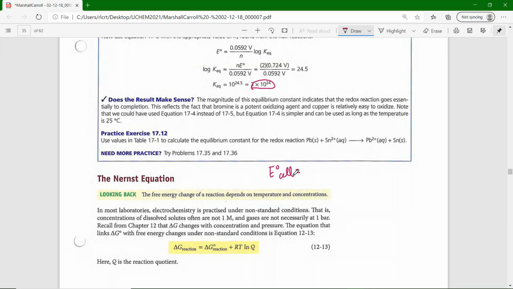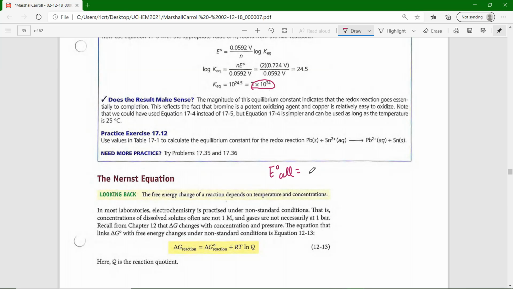The tin 2 plus is going to be minus 0.137, and the lead 2 plus is just above it, minus 0.126. The thing is, though, that they're demanding that the tin is reduced. So my cathode is demanded to be minus 0.137.